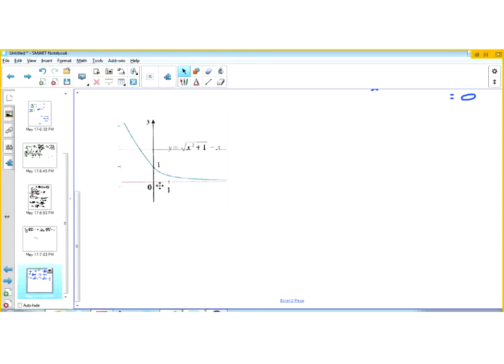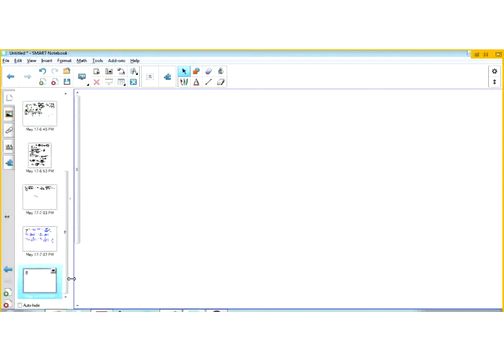Okay. So now let's talk about the exponential function, y equals e to the x, and evaluate its infinite limits. Next page.